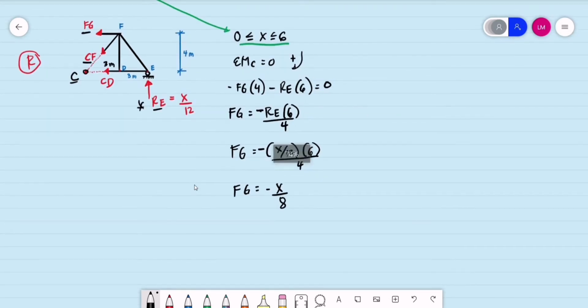That is the equivalent of the axial force for member FG: negative x over 8 for the interval 0 is less than or equal to x, less than or equal to 6.